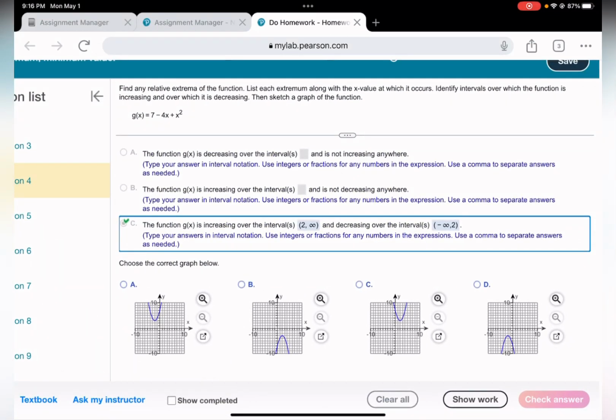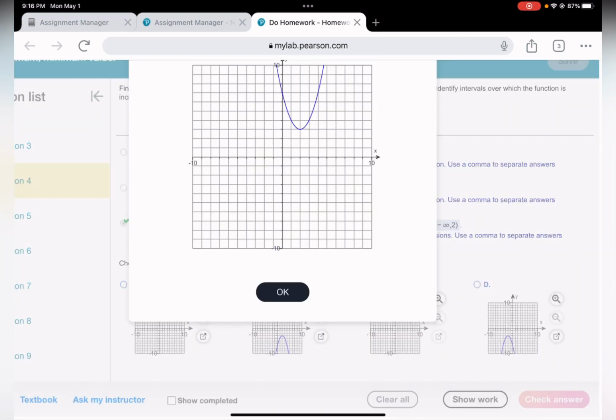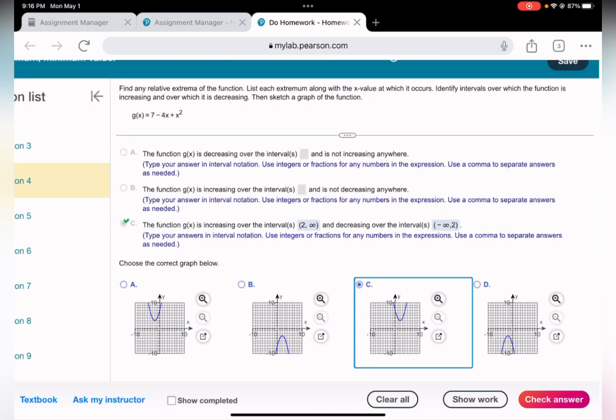Now let's look if the vertex, which is the minimum, is at the point of 2. Oh, A is at the point of negative 2, so it's not working. That means it's going to be the one at positive 2, right? Oh, here it is, it's positive 2, and between negative infinity and 2, the graph is going down, is negative, and after 2, the graph is increasing. So that is the case, we are choosing C.